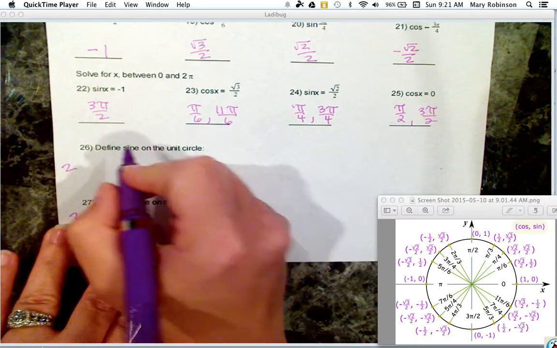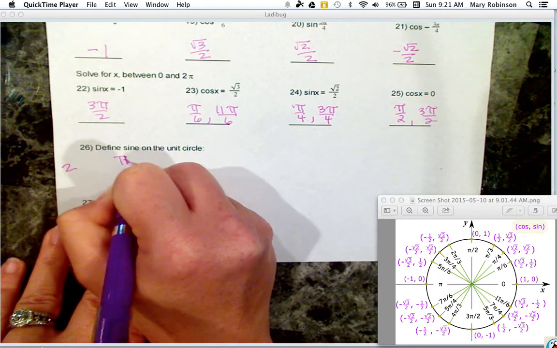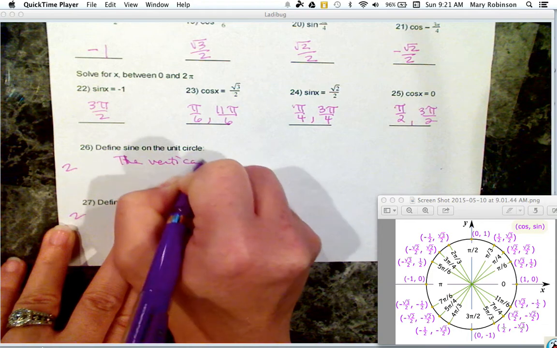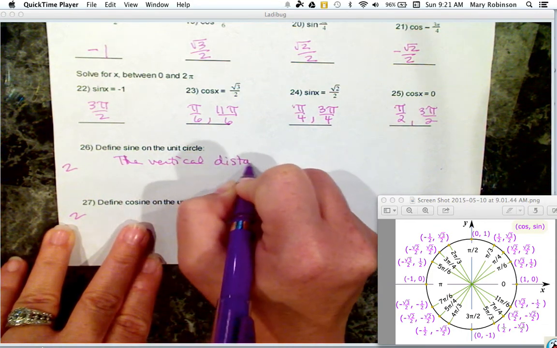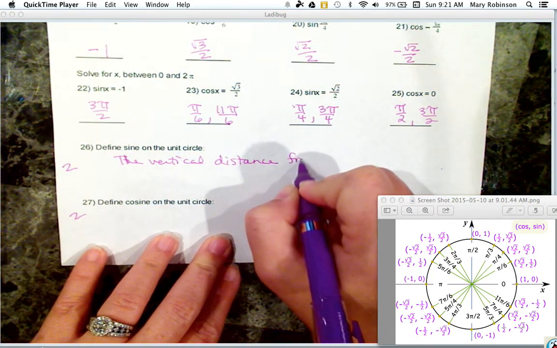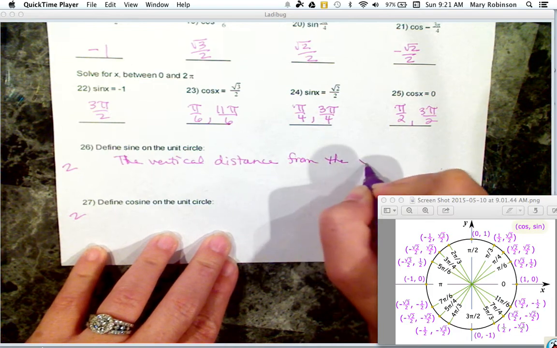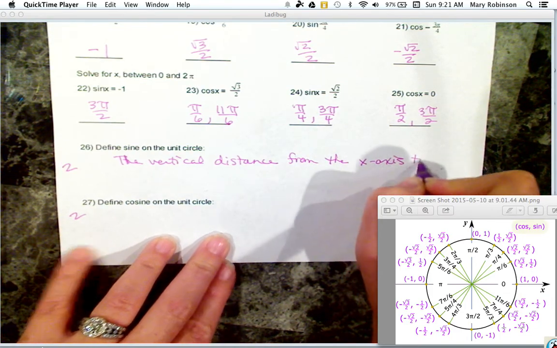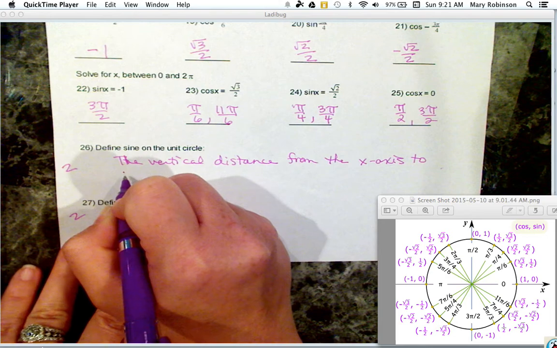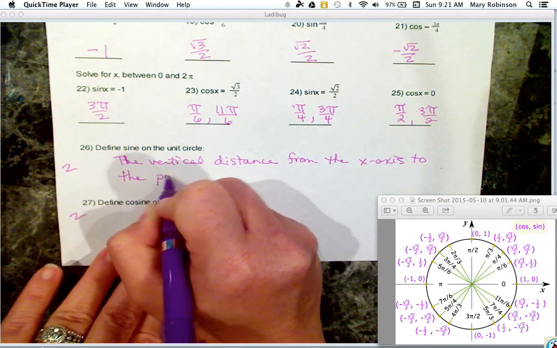So we can define sine as the vertical distance from the x-axis to the point on the unit circle.